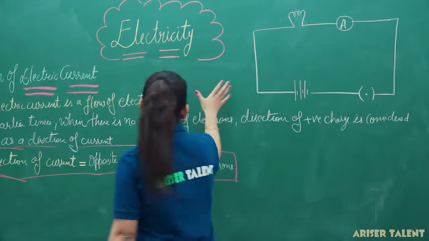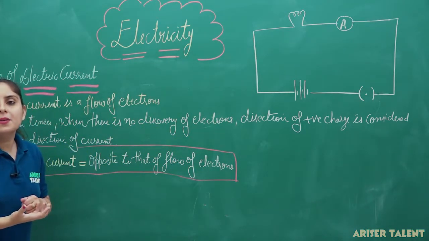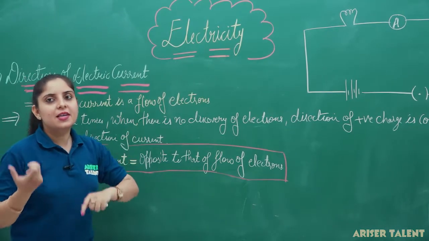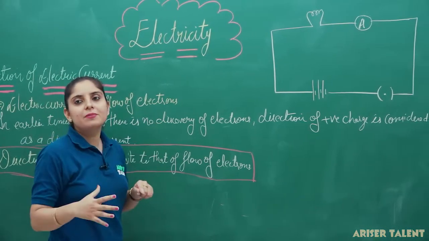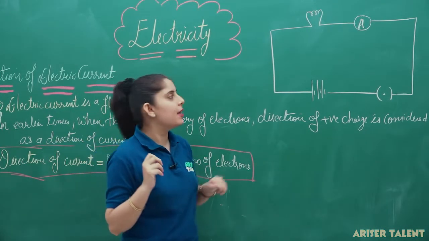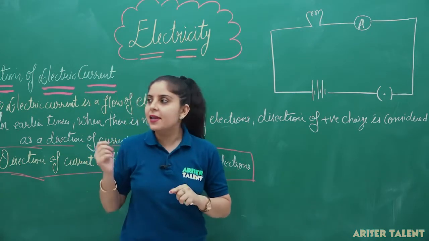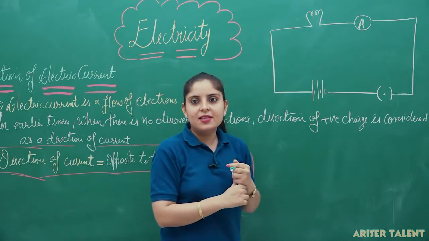Now, this is a schematic representation of some of the symbols we have used in the electric circuit. These symbols we will discuss in our next lecture. There are many more symbols, but here I am using some of them, so I am specifying these symbols here. So this is an electric circuit. What is an electric circuit? We will discuss the definition later, but before that, let's have a conceptual idea regarding this circuit.